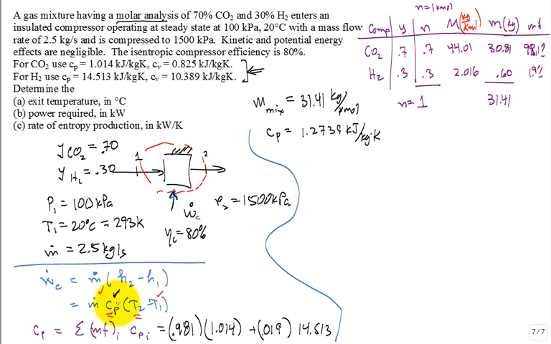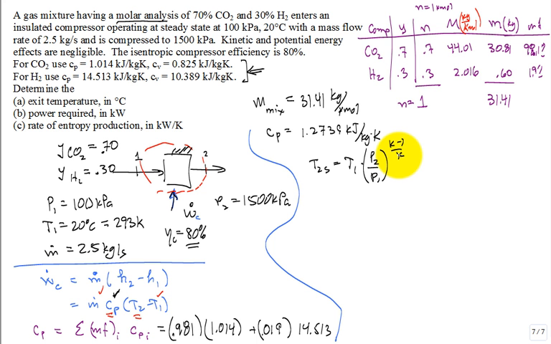So what I need to do is think about isentropic work and then modify it using the 80% isentropic efficiency. So if I was able to isentropically compress it, could I use an equation like T2S is equal to T1 times P2 over P1 to the K minus 1 over K? It's an ideal gas mixture.